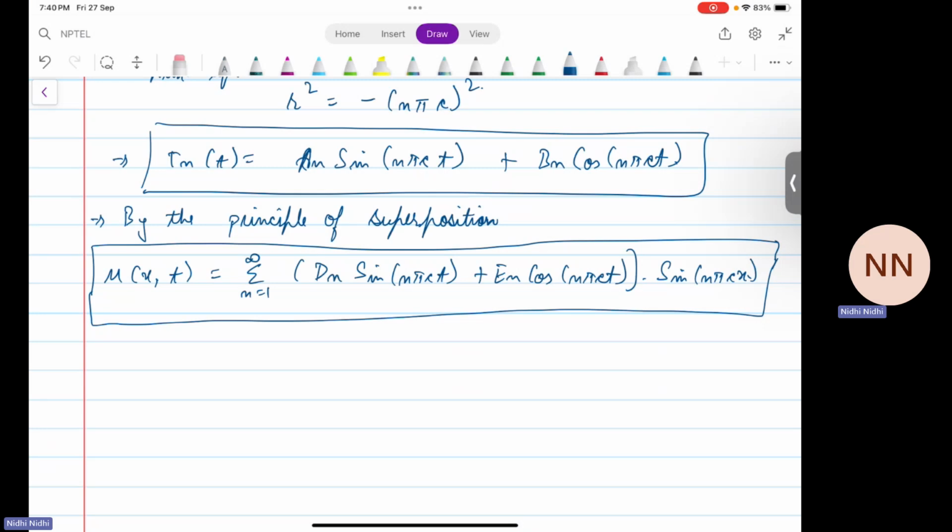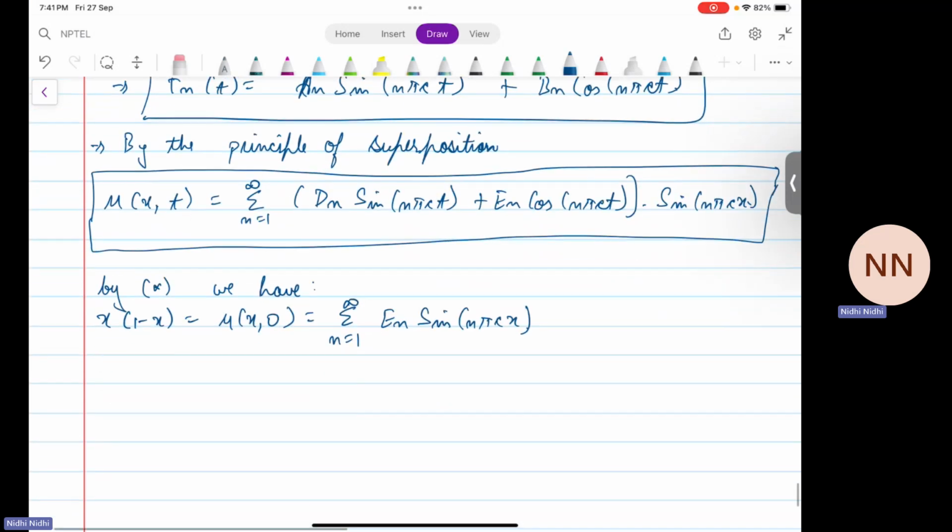We know that by star we have x(1 minus x) is equal to u at (x,0). So putting t equals to 0, since sine 0 is 0 and cos 0 is 1, we are left with summation n from 1 to infinity E_n sine n pi x.